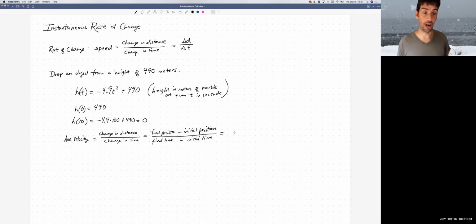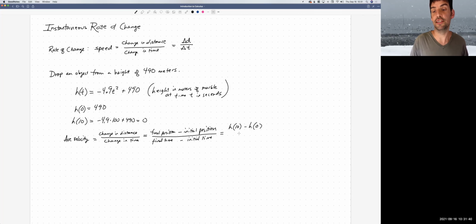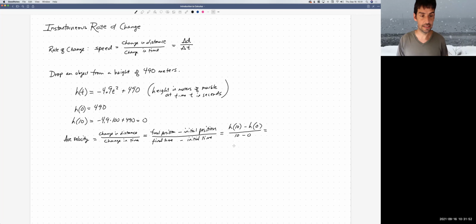So for this problem, the final position is its height at 10 seconds minus its initial position, its height at 0 seconds. And the change in time is the final time, 10 seconds, minus 0. And what do we get? Well, we know h of 10 is 0, minus h of 0 is 490, right?